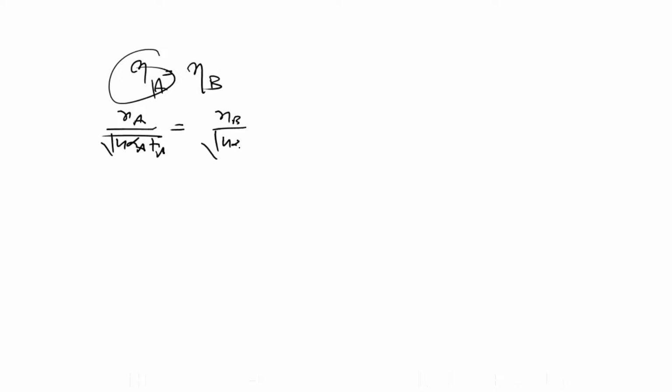It means eta A must be equal to eta B. Eta A means x_A upon under root 4 alpha_A times t_A, equal to x_B upon under root 4 alpha_B times t_B. And here x is called the distance, and the distance is the radius.